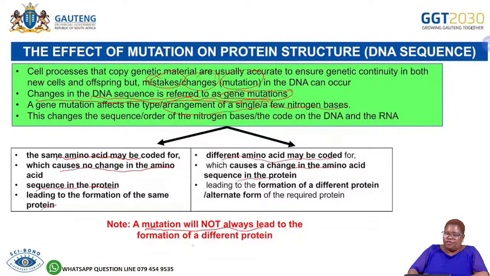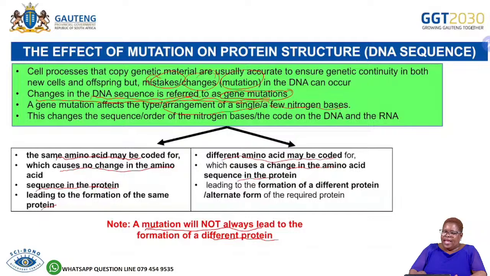Please note that when mutation takes place, a mutation will not always lead to the formation of a different protein. Hence, we're saying if we've got the same amino acids that may be coded for, then that will cause no change to the sequence of the protein. Then we're going to have what? The same protein formed. But what will happen if we've got different amino acids that may be coded for?